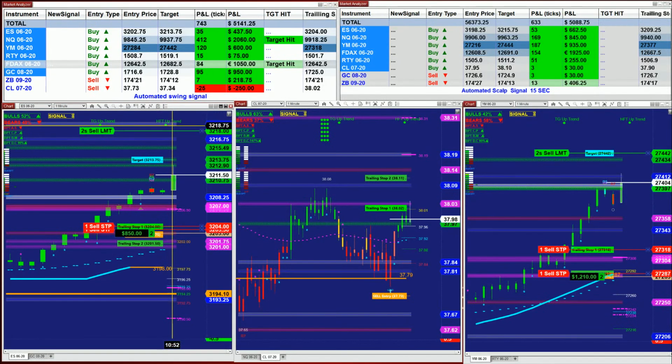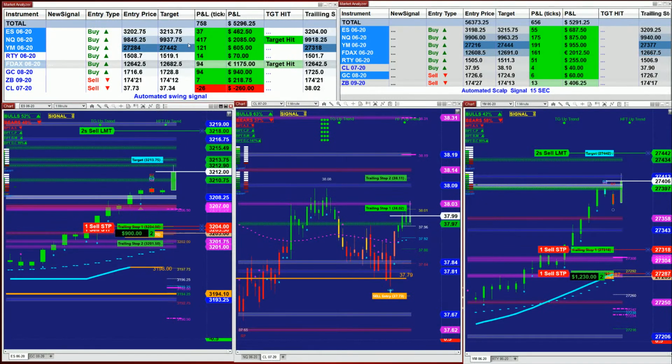Even if you are trading the DAX, you have a few milliseconds ahead of the DAX by looking at the ES and seeing where this market is going. So as we see right now, we jumped from 300 ticks to 750 ticks into the profit. And on the scalper, we jumped from 100 ticks to 666 ticks.